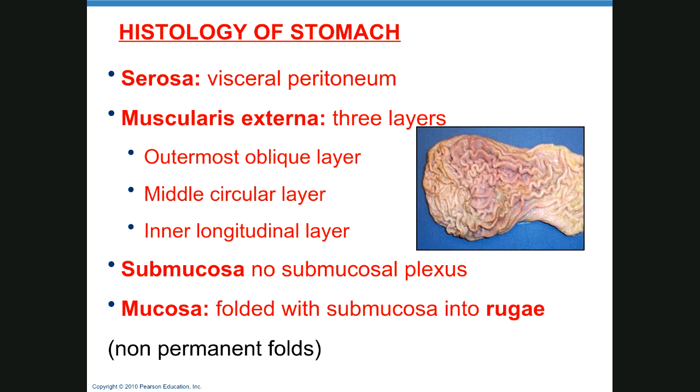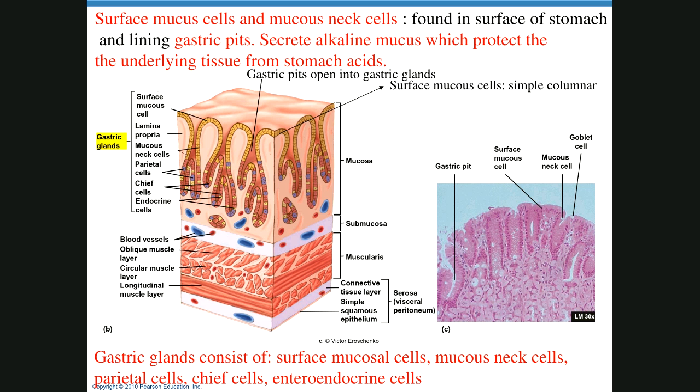All right, so this is showing you the rugae. These are non-permanent folds. And this is showing you what we call the gastric pits. Remember, we said the lining of these GI tract organs oftentimes goes inwards and creates these glands or pits, which are filled with very specialized cells, which we're going to go over in just a second.